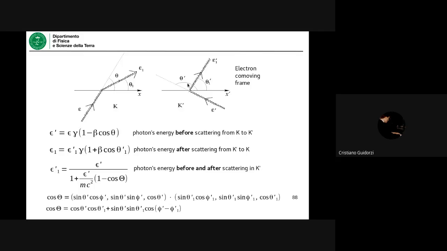So this is the very special case in which all these vectors lie on the very same plane, and you clearly see that the scattering angle is this angle here, which is theta prime minus theta 1 prime. Okay, so this is just to remind you about the geometry of the scattering in the most general case.